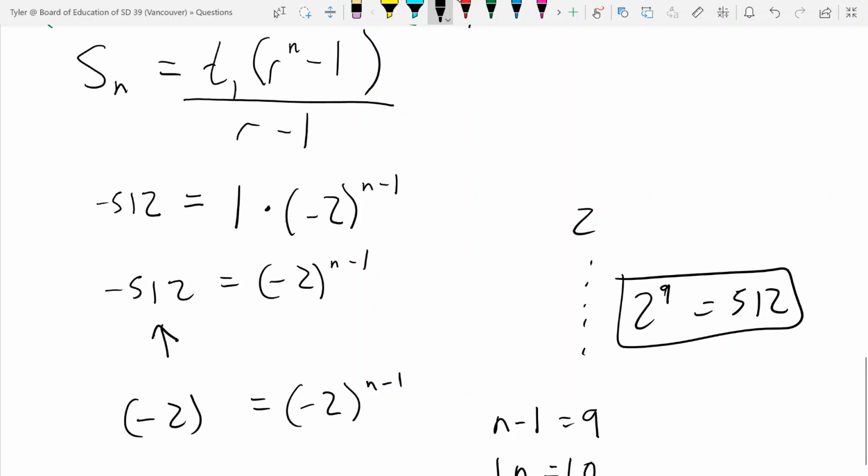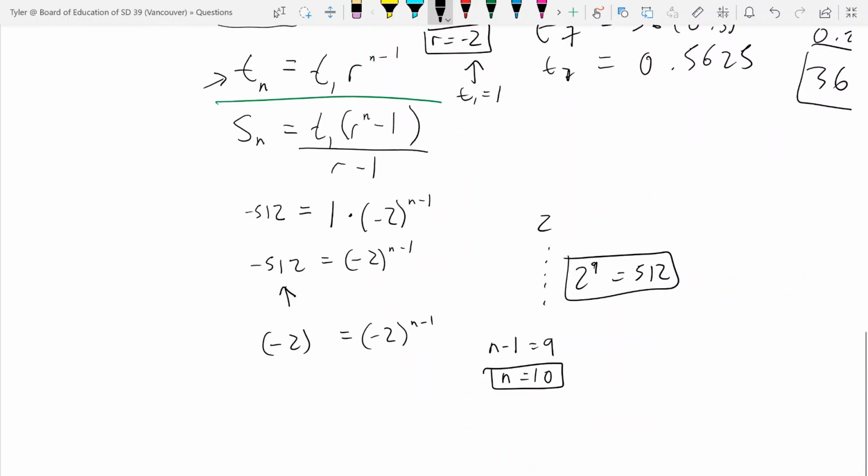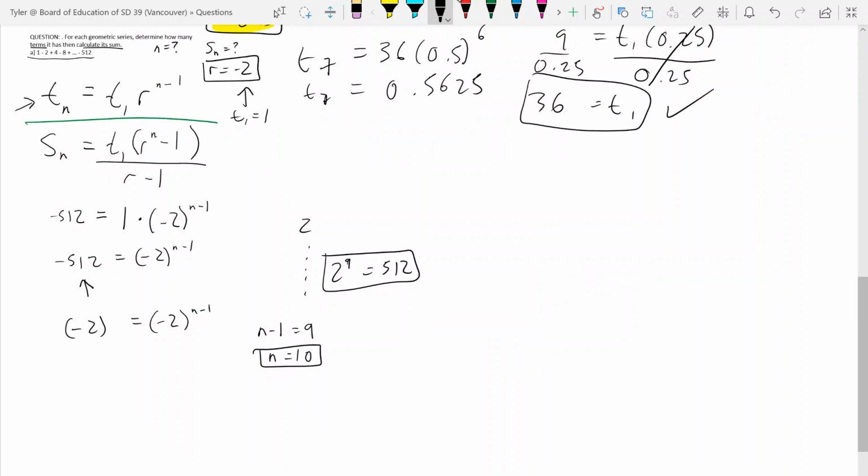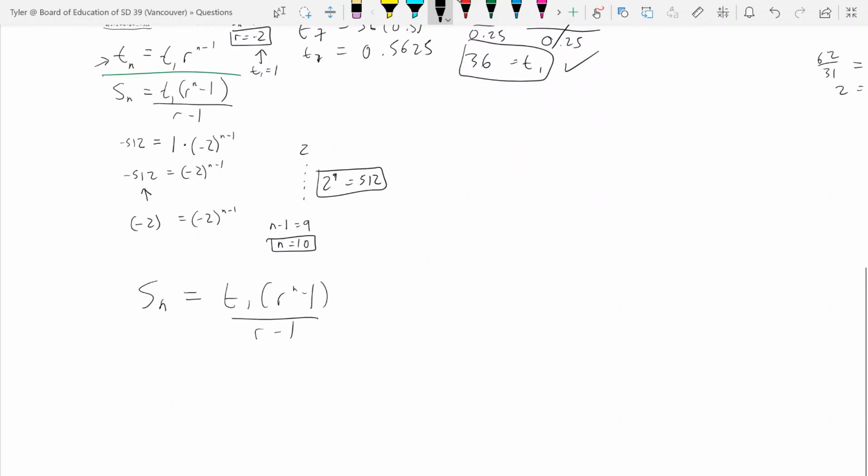Now that we found our n, we can sub it back into the other equation to do the rest. So now we want to calculate the sum. Sn is equal to T1 times r to the n minus 1 over r minus 1, and we'll sub in the numbers.